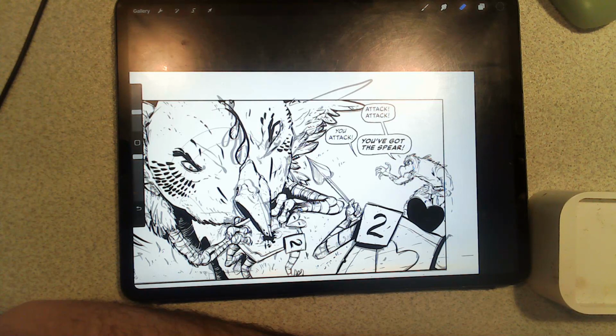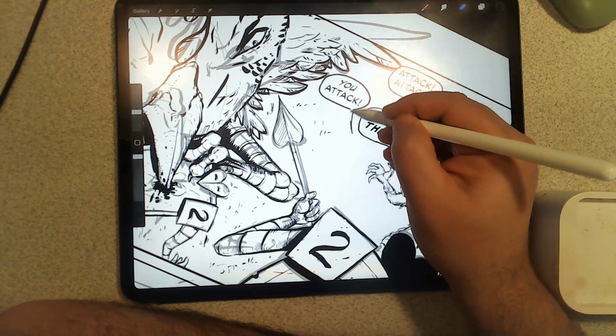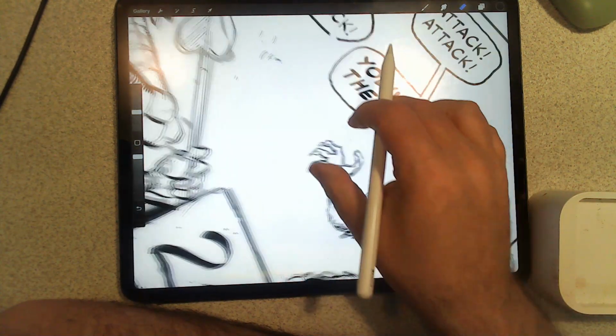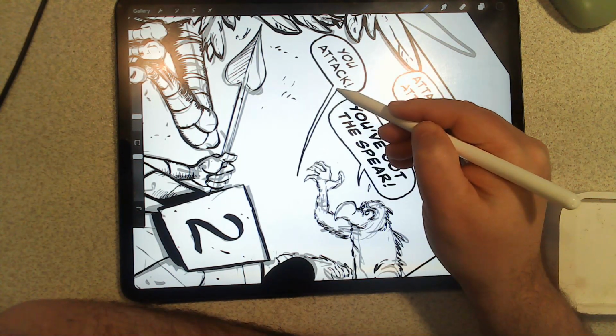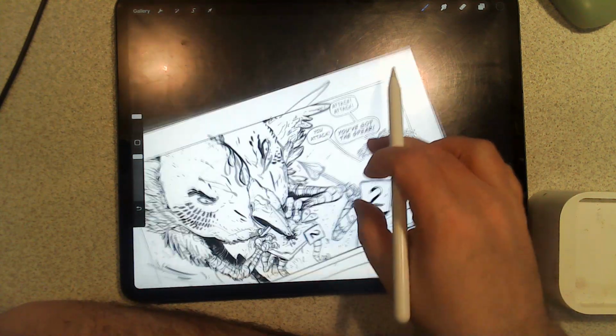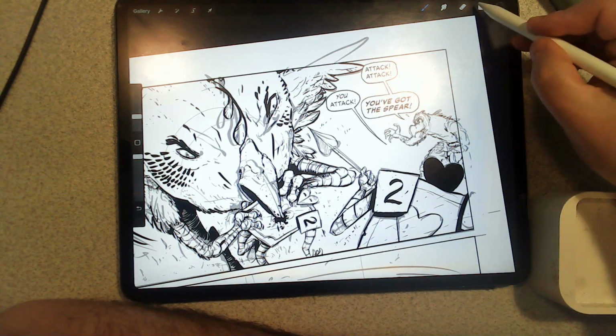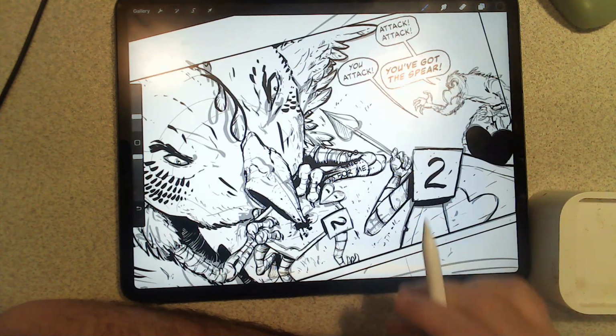I don't like this because I don't want to put this super long tail on this balloon. I think the audience would understand that it's coming from this guy. You attack. You got the spear.